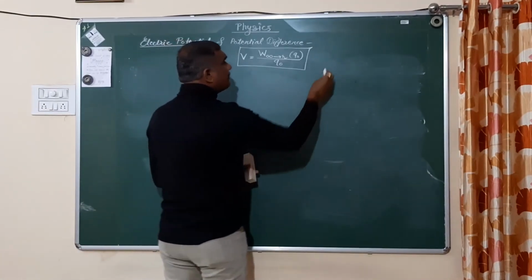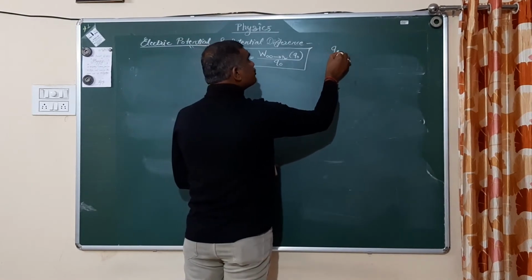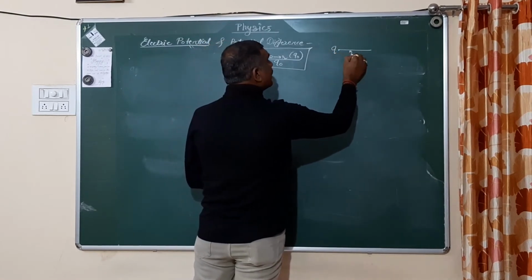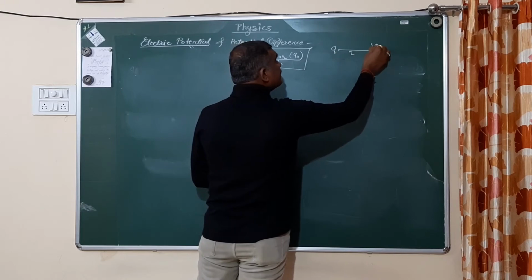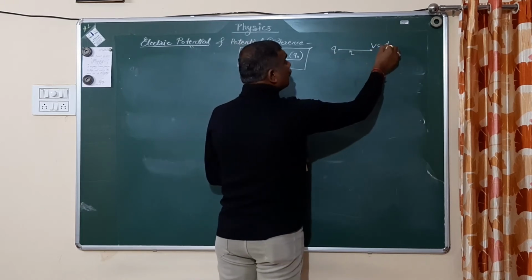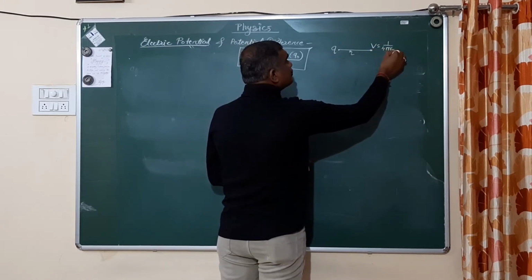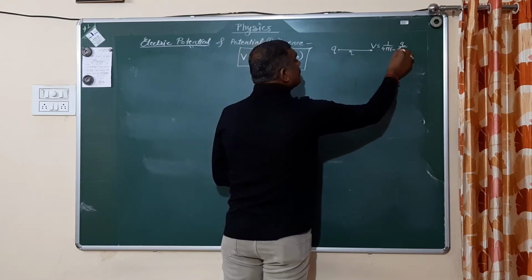This way we obtain, due to the charge q at a distance r, electric potential V is equal to 1 upon 4 pi epsilon 0 q divided by r.